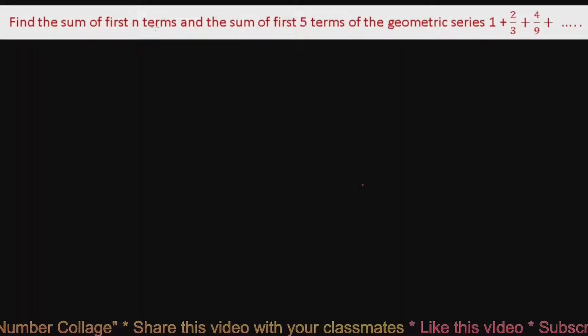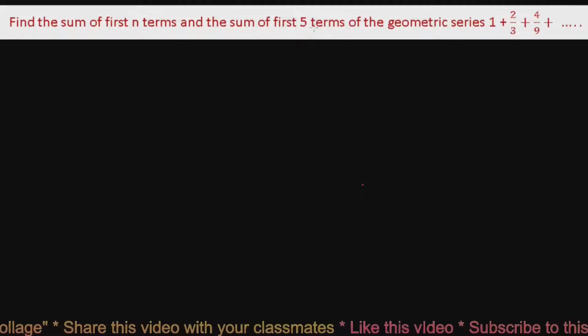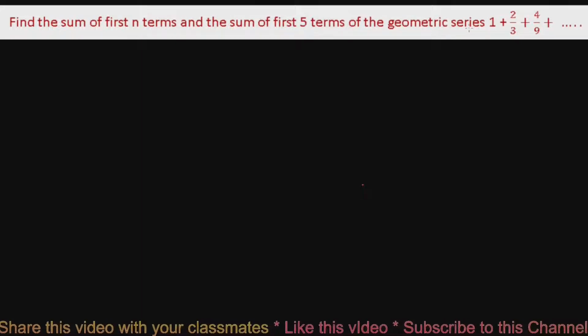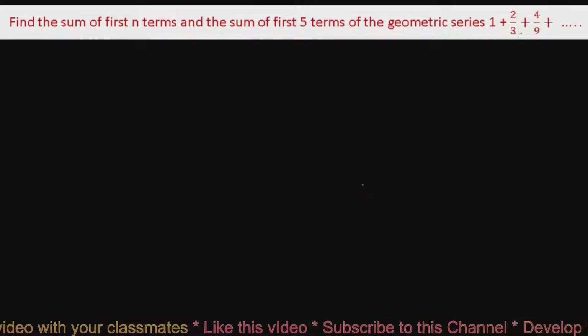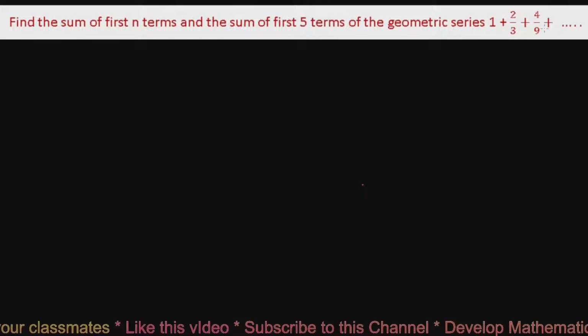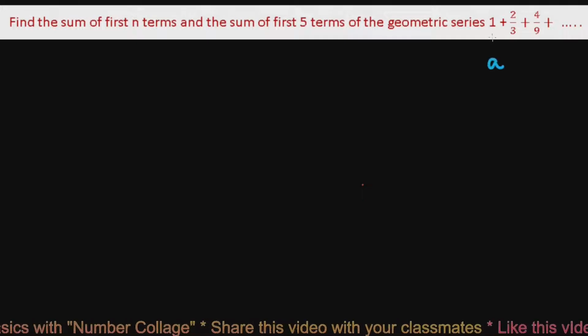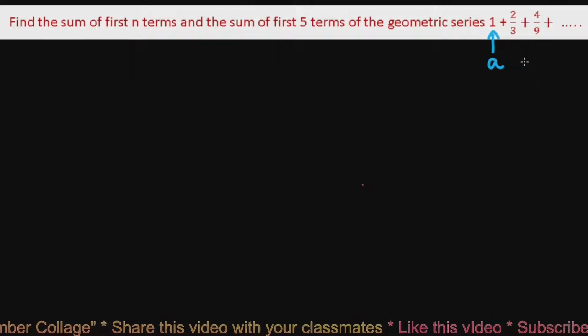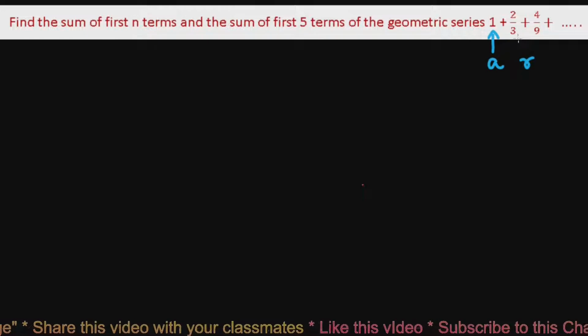In the next problem, we have to find the sum of first n terms and the sum of first 5 terms of the geometric series 1 plus 2 by 3 plus 4 by 9 plus so on and so forth. In this geometric series, we have A equals 1 and common ratio R equals 2 by 3.